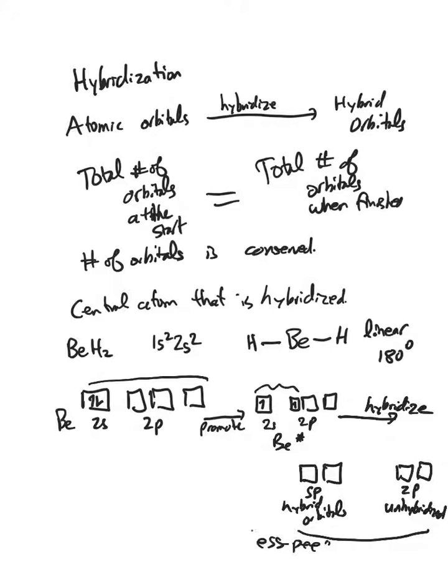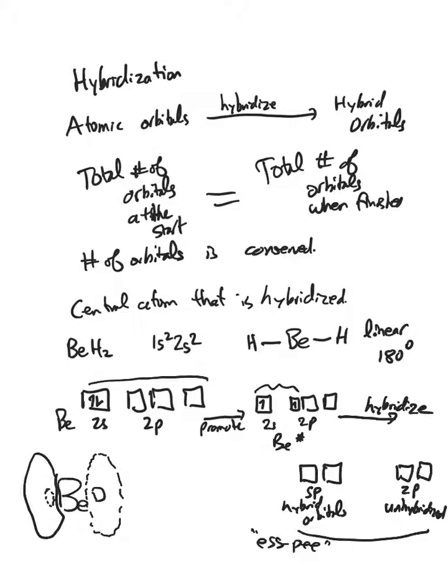sp orbitals. And so if we look at them, this beryllium, just like p orbitals having 2 lobes, these sp orbitals, they're going to be 2 of those. They're going to have 2 lobes. And so there's one of the lobes, and then let's see, how can I draw the other one? Maybe I'll draw it sort of like this. And there's the other lobe.